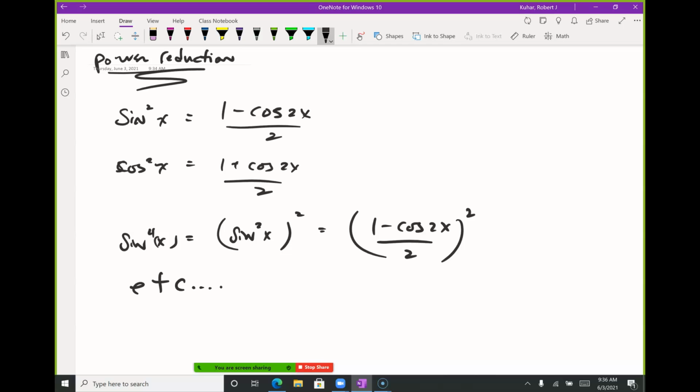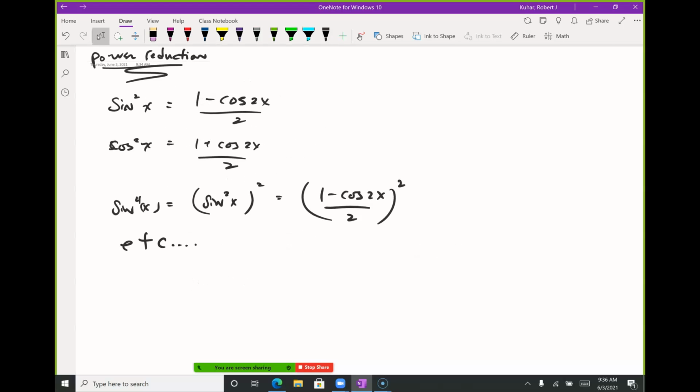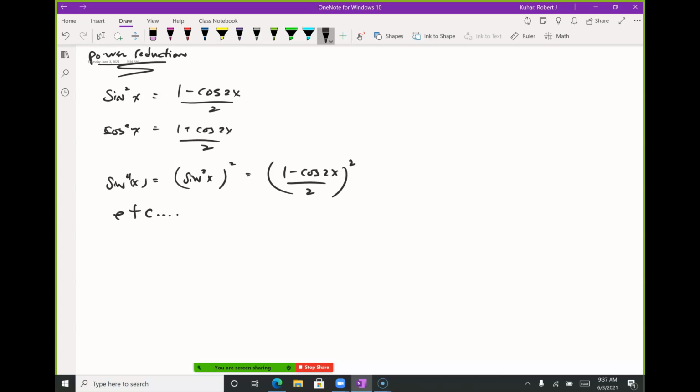So these are pretty easy to prove. I don't know if you see where it comes from, but it comes from the cos of a double angle formula, right? So if we looked at just a single cos of 2 theta, who remembers that main identity here?